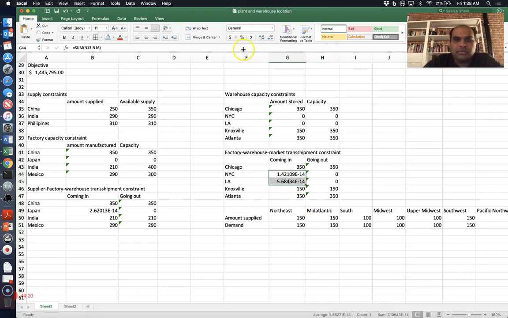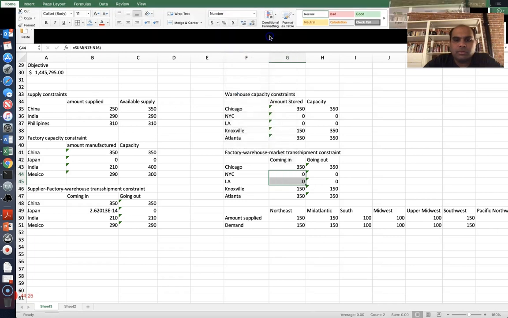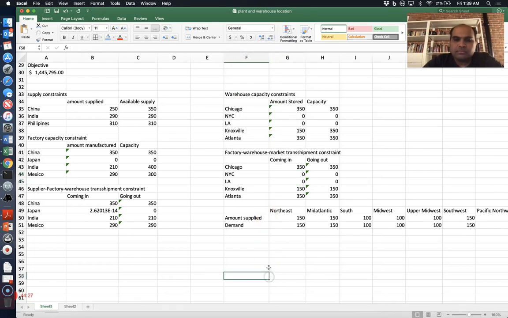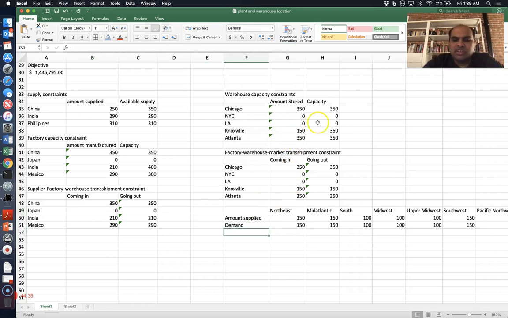We also have these numbers here. Now let's look at the warehouses. As far as the warehouses go, we know that the New York City and the Los Angeles warehouses are not used.